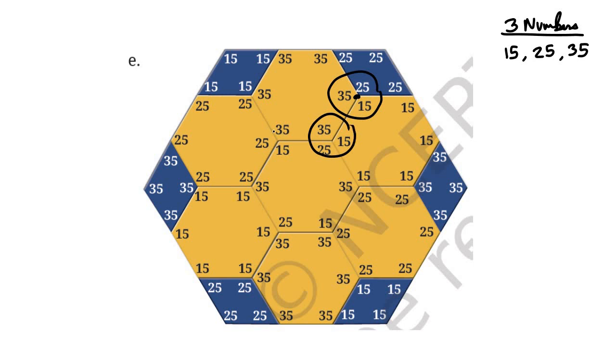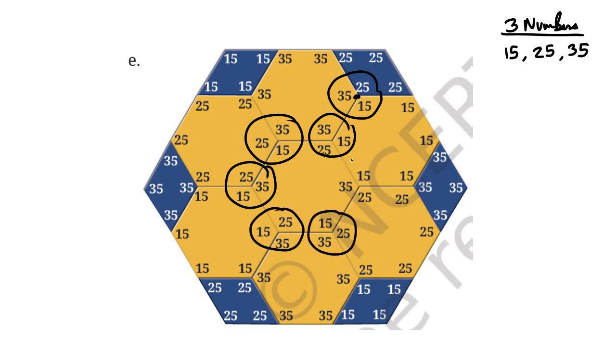See the junctions, they have got only 3 numbers, all the junctions. Let me figure it. Okay, here also see the junctions.